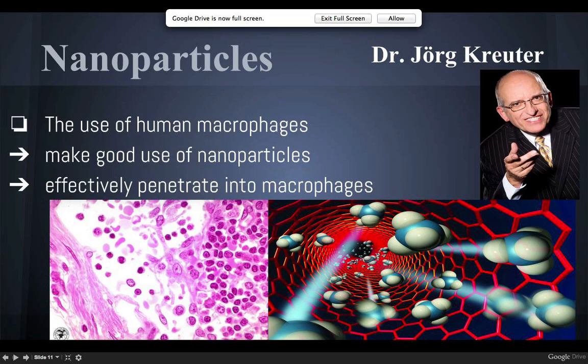So this doctor's purpose is to let the immune system swallow the nano capsules that contain a genetic protein.